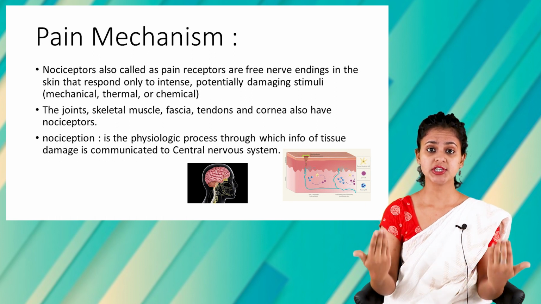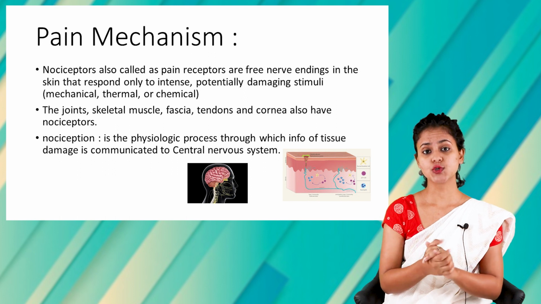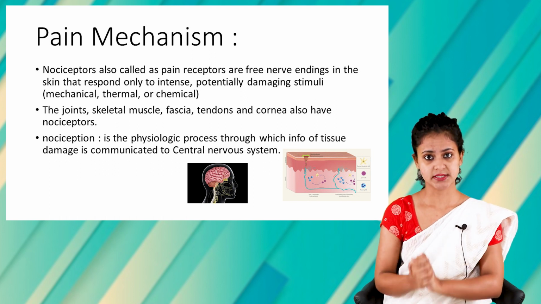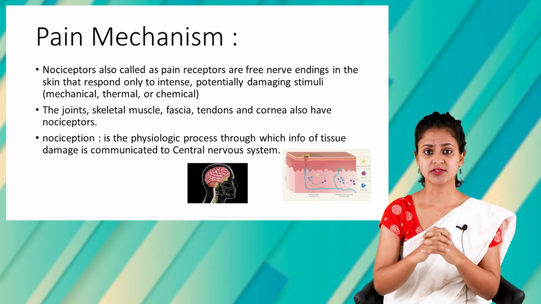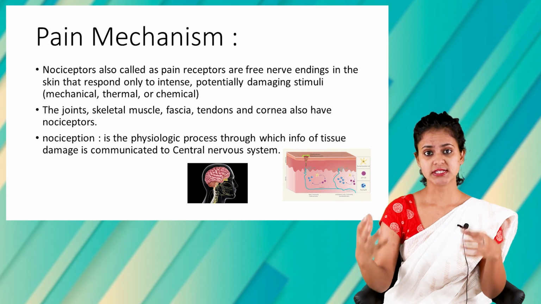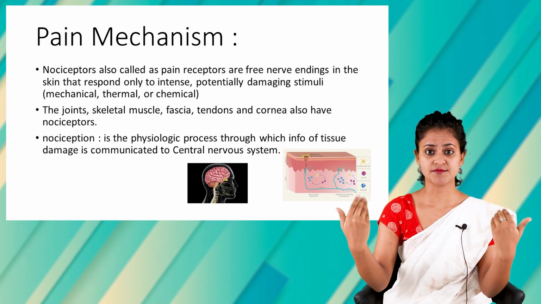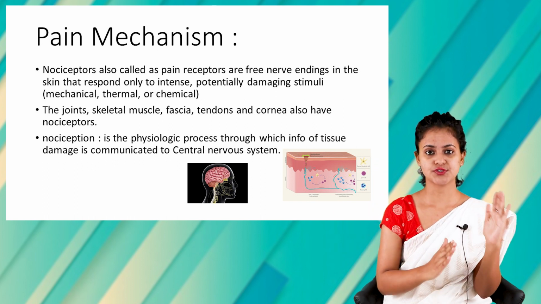Now, this intense potential damaging stimuli can include mechanical, thermal, and even chemical stimuli. If these stimuli are present, these nociceptors or pain receptors start getting activated and the transmission of pain starts in the individual's body.